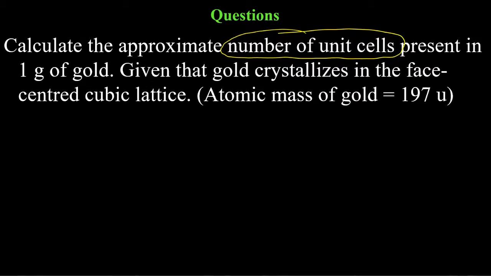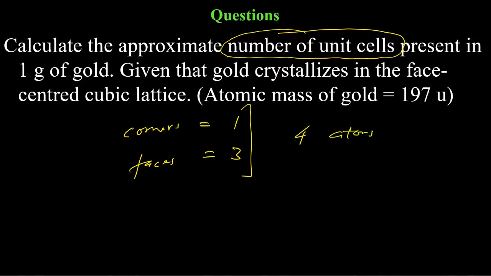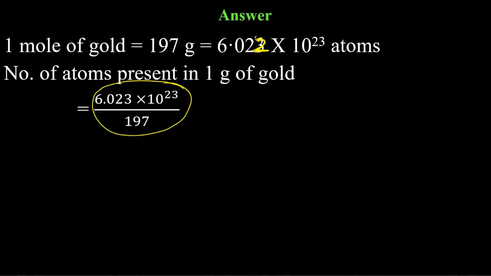Face-centered cubic means from corners contribution will be 1, from faces contribution will be 3. It means total 4 atoms per unit cell. So if in one unit cell there are 4 atoms and we know the number of atoms, we can calculate the number of unit cells.